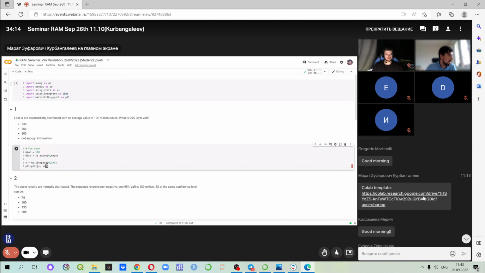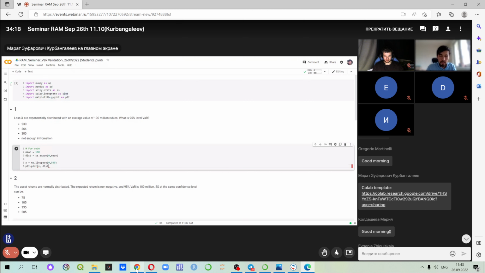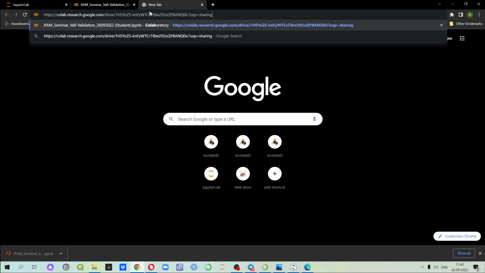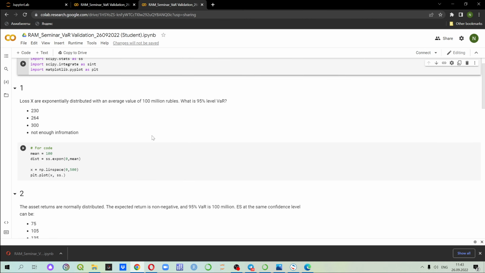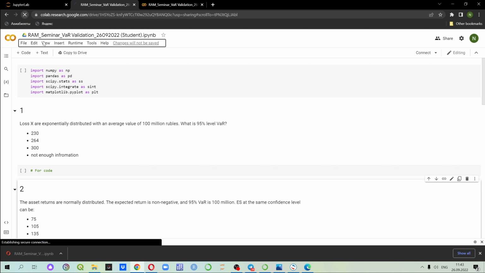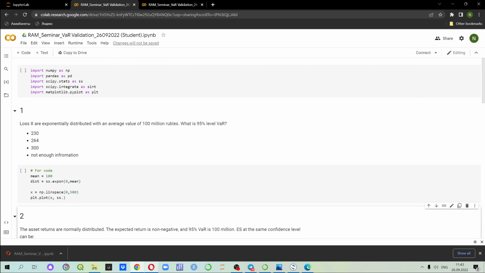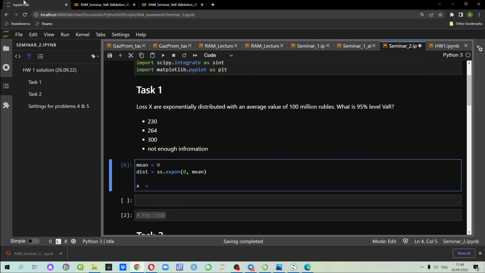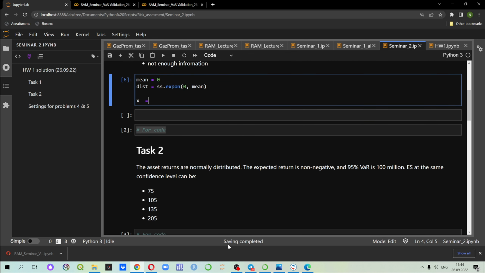So let me go further. I have my own distribution, and I just take the density function, apply it to my linear space, my vector, and I just play around with a little style.